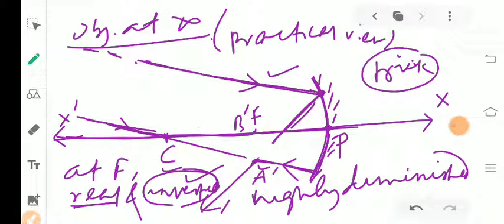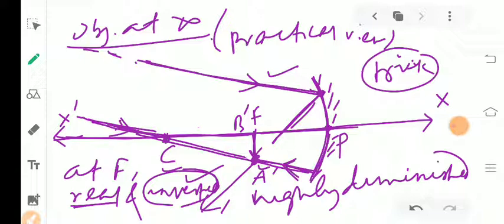Why? If the image is not formed below the principal focus, you will get it wrong. Hence what you do, from the beginning you draw one image here below the principal axis, and wherever you get this point, this point you join with C, then you draw this line, so you will not get it wrong.